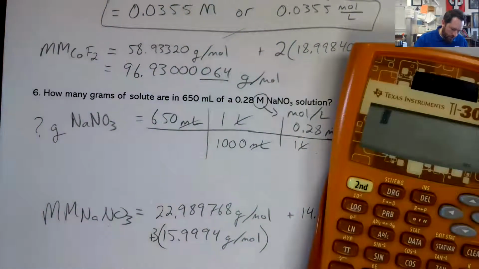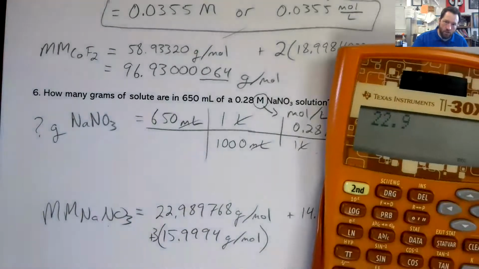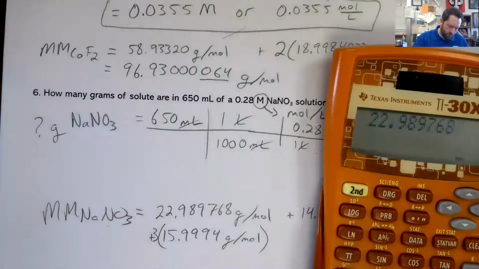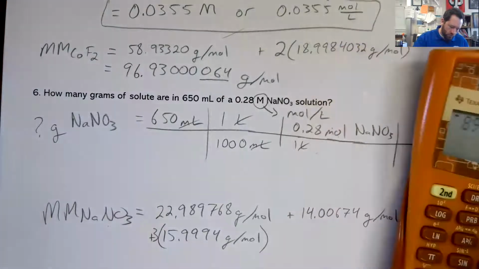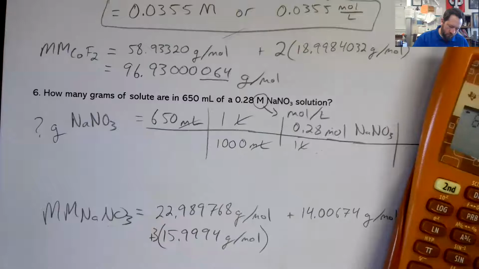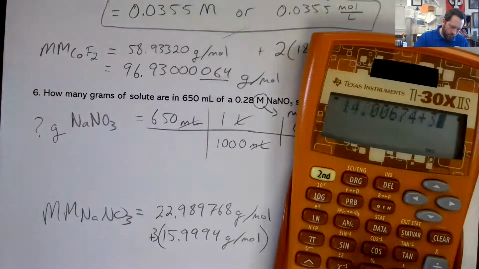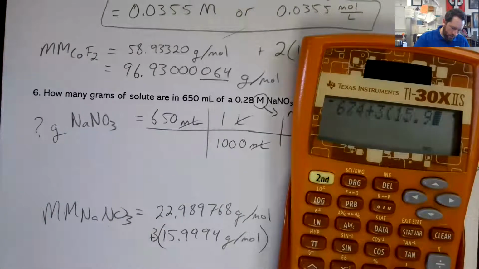All right, let's calculate that molar mass of sodium nitrate: 22.989768 plus 14.00674 plus 3 parentheses, 15.9994.